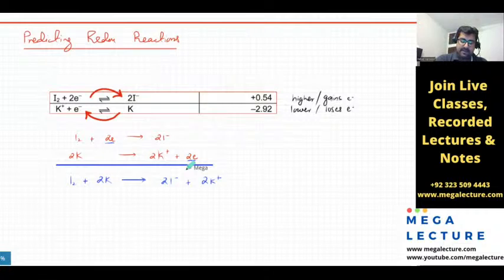High gains, low loses. That's it. And now the E naught cell would be high. It's the potential difference, higher potential minus lower potential, or reduction potential. This is 0.54, the reduction potential, the one that gains electrons, minus the oxidation potential. So that's minus 2.92. So can anyone tell me what value you're getting for this? क्या आ रहा है, किसी ने किया?